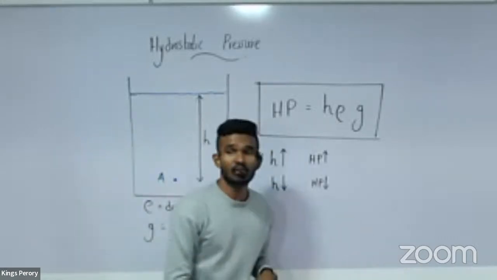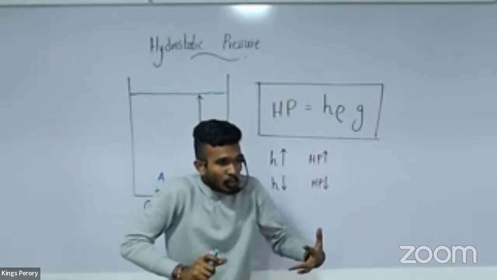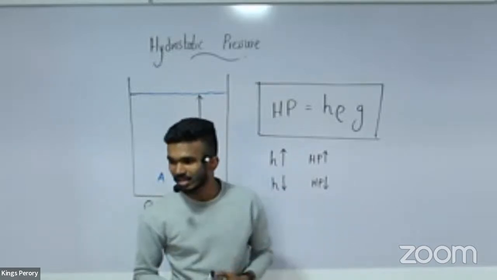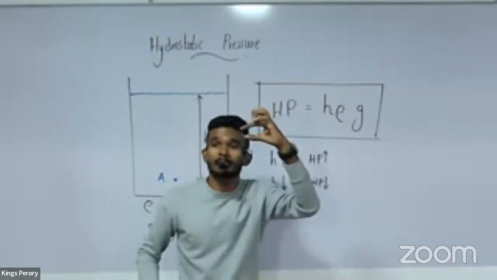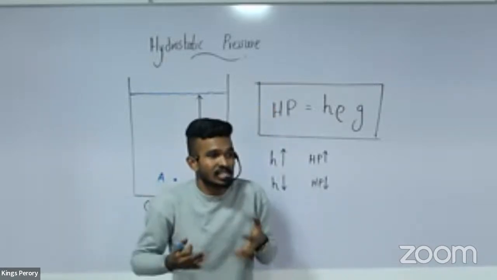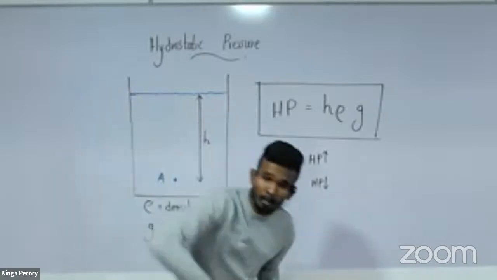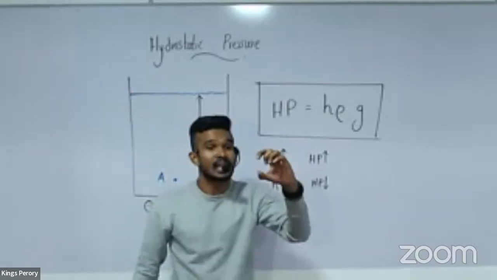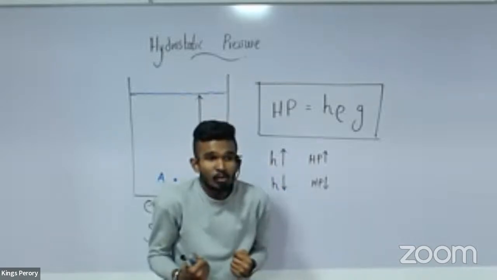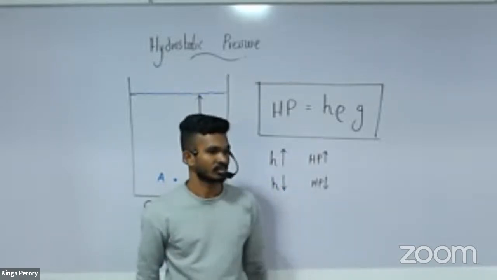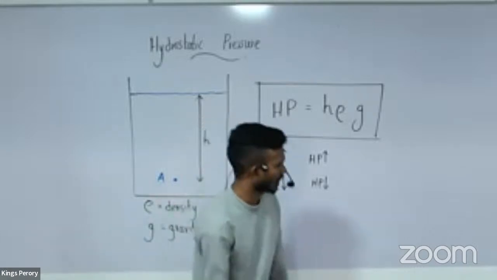On the bottom of the pool, a lot of squeezing feeling. Why? Top, depth is less, hydrostatic pressure is less, less squeezing feeling. You go to the bottom of the swimming pool, depth is more, hydrostatic pressure is more, you will feel very much squeezed. Understood the point there?